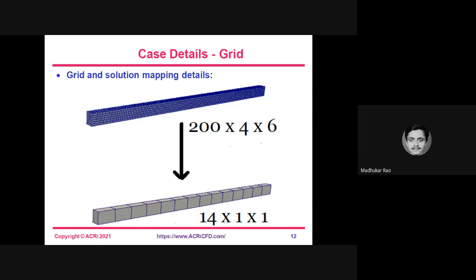And I'll give you some reasoning. This being our first experience with a neural network, and combining a neural network with a finite volume solver, we did not want to bite off more than we could chew.